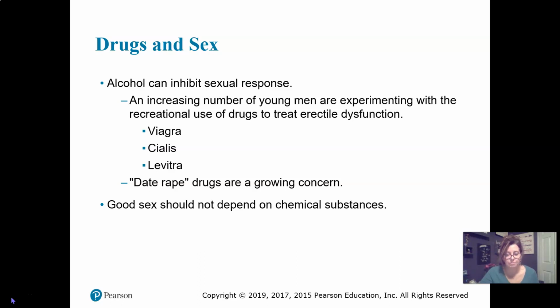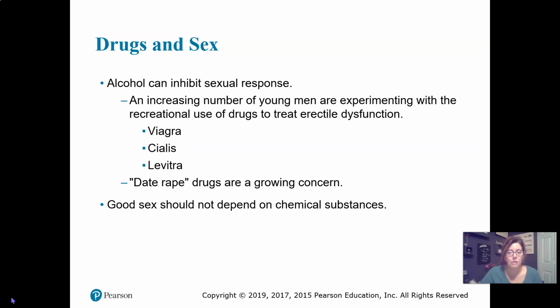Date rape drugs are a growing concern on college campuses where they're often combined with alcohol. When we're combining any two substances together, and we'll talk about this in another chapter, it heightens the effect of both substances.